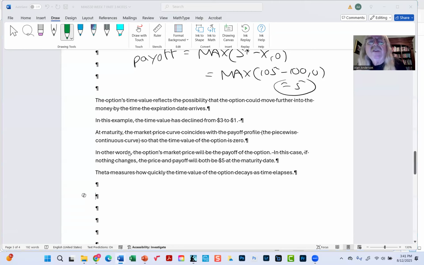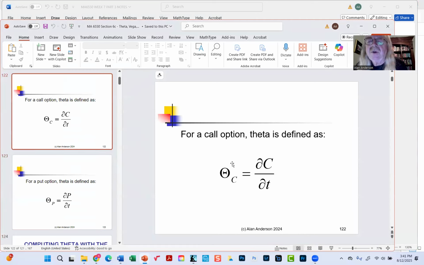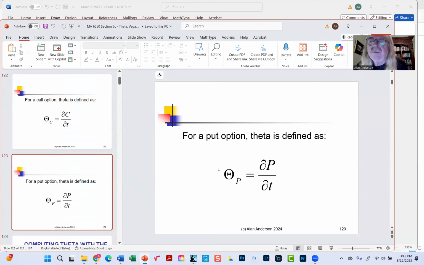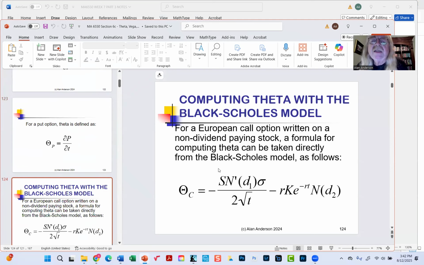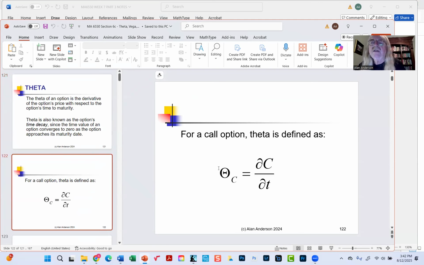Now, the formula for theta is really a nightmare. I mean, you can see it's going to be defined as partial c with respect to t for time, and this is partial p with respect to time. They're both going to be negative, except there's one quirky case where it's not negative.